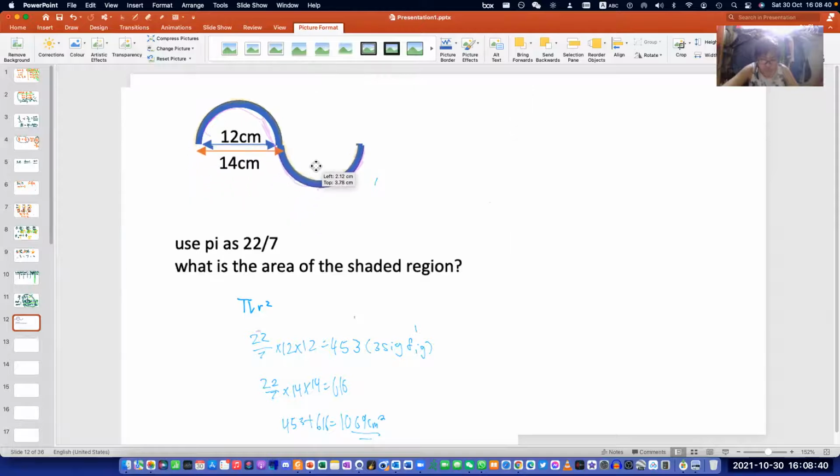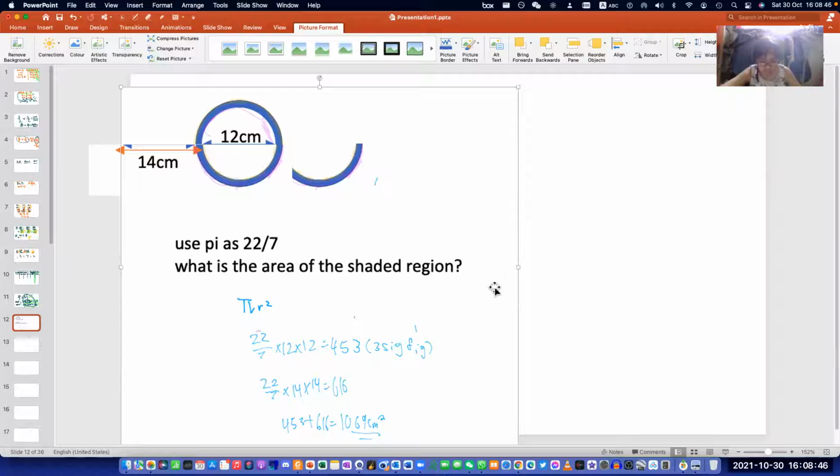Can you see? I just transfer it to here. So that means this one is gone already.